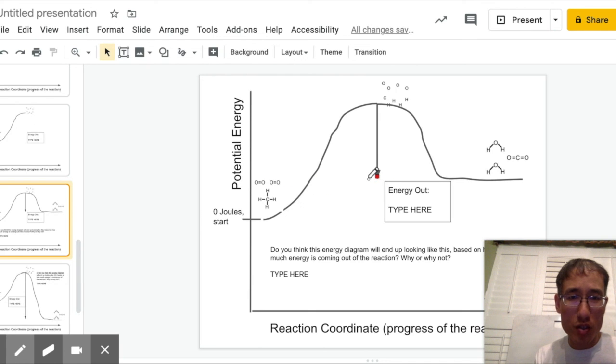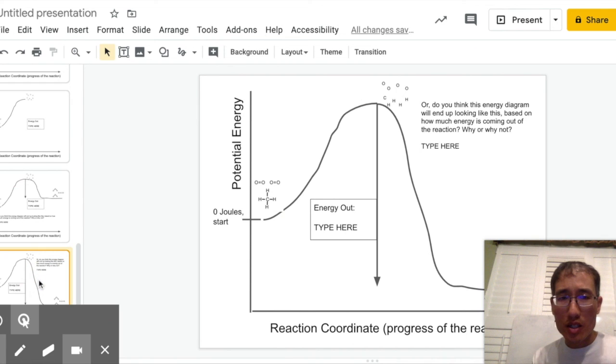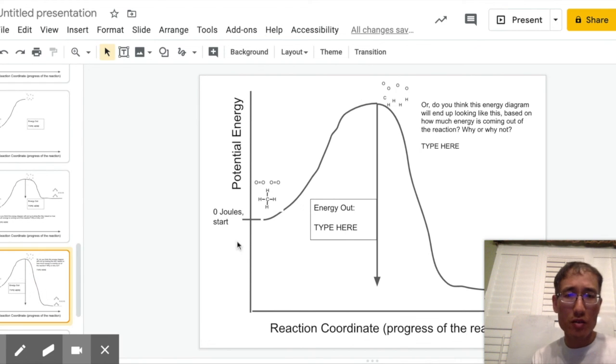Okay, so we're going to go down to here. Are we going to go down this far? Why or why not? Take a look at this arrow, how long this is. Do you think this is going to be the distance that it's going to drop down by? Or do we have this scenario where the arrow drops really far?